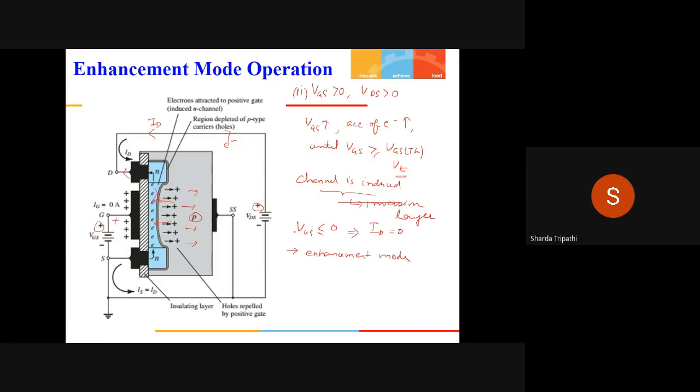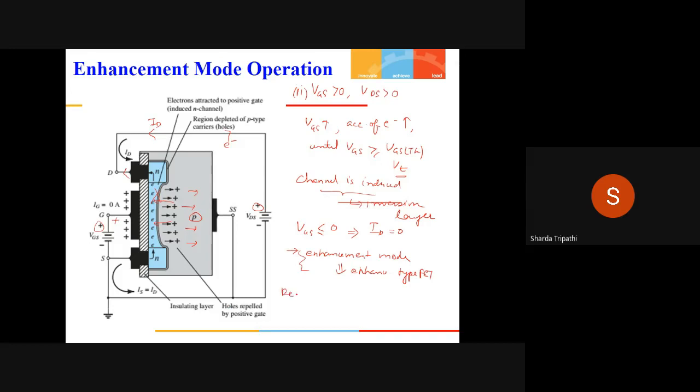And once you started increasing VGS such that it crossed some threshold, a channel is induced, which we also called the inversion layer, and that channel then supported the flow of electrons in this region. So since this device can work only in the enhancement mode, this type of FET is known as enhancement type FET.